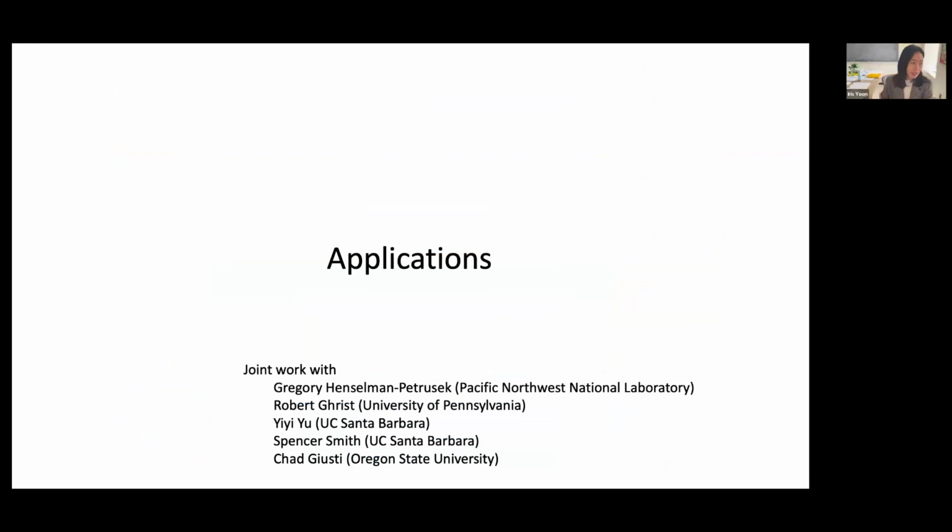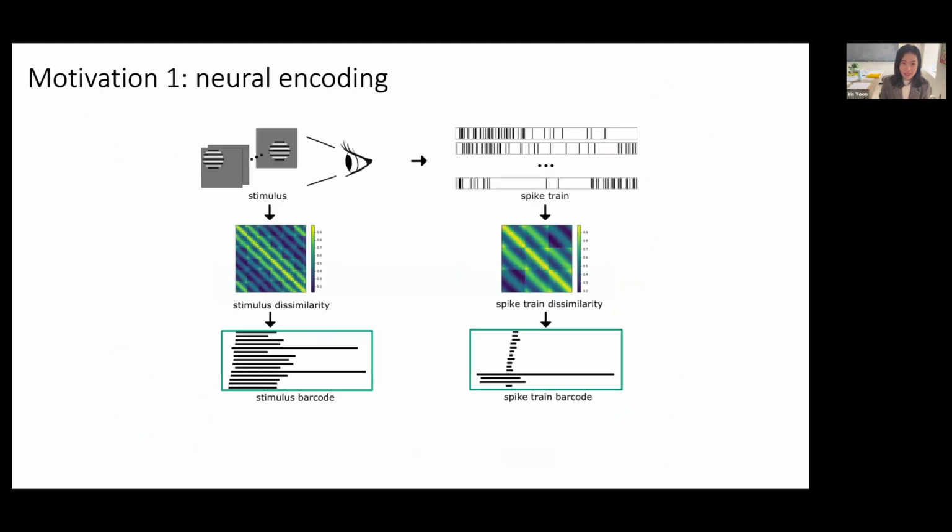So I started this talk with some neuroscience motivations. Let's discuss how the method is applied in those settings. Recall that I introduced this talk with this problem of comparing barcodes you get from the stimulus space and also the barcodes you get from the spike trains.